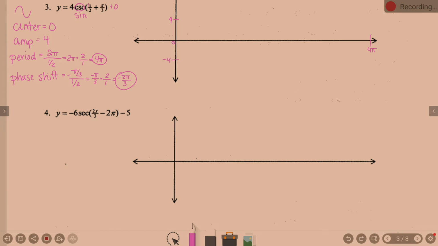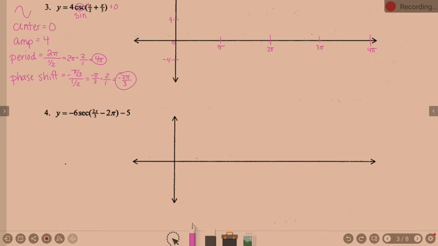So what's the middle of 4 pi? 2 pi. I want to break it into 4 pieces, and I need to know where my whole pi's are. Middle of 2 pi is pi. The middle of 2 and 4 pi is 3 pi.